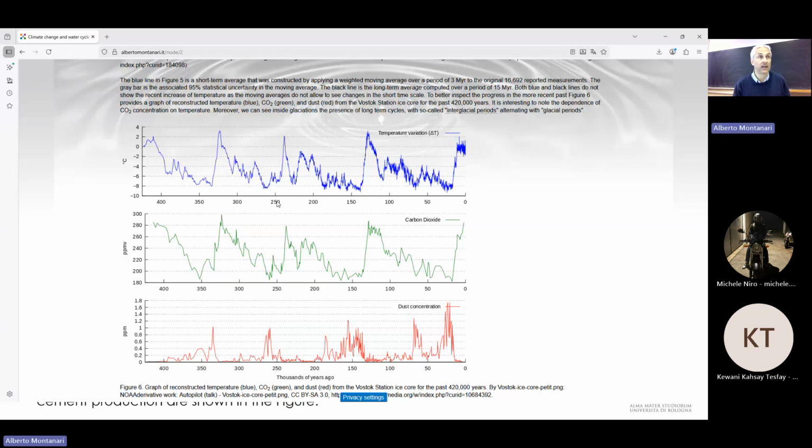So the question is, again, is it the increase of temperature triggering an increase of CO2 concentration, or is it the other way around? The answer is quite complicated because in order to understand, we should analyze the timing of the past changes. Who came first, CO2 or temperature?